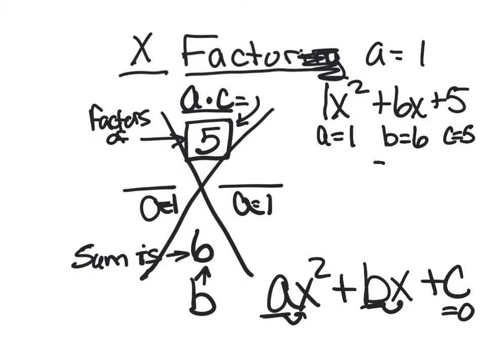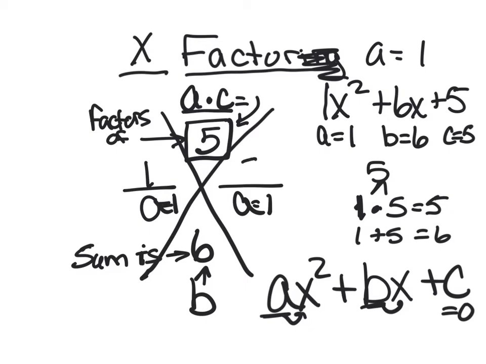So my factors of 5 are going to be 1 times 5, and that's it, isn't it? All right, so I can say 1 times 5 is 5, and I can say 1 plus 5 is 6. So that fits. The factors of 5 are 1 and 5.